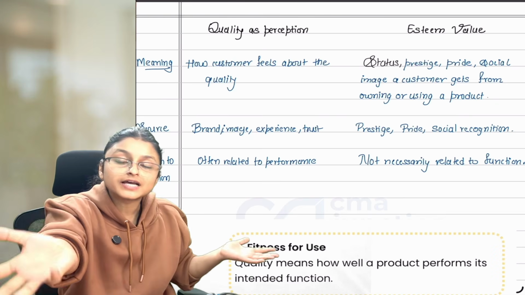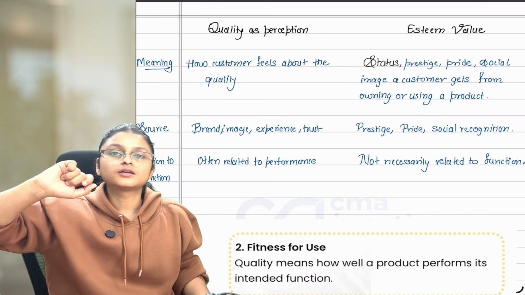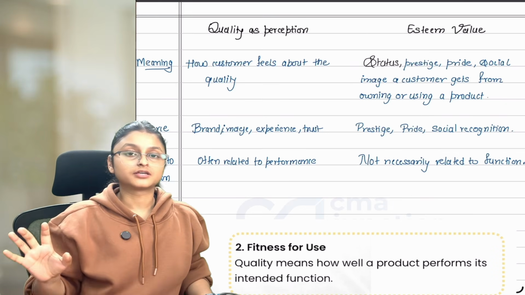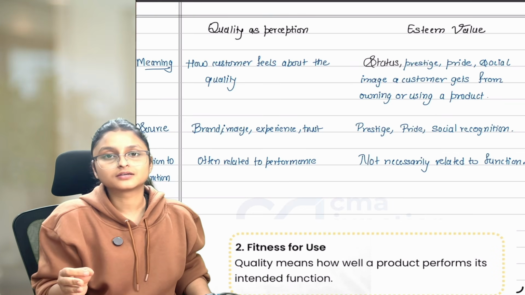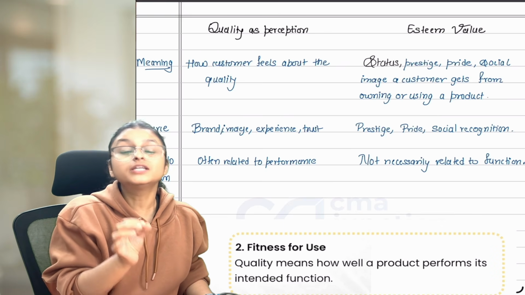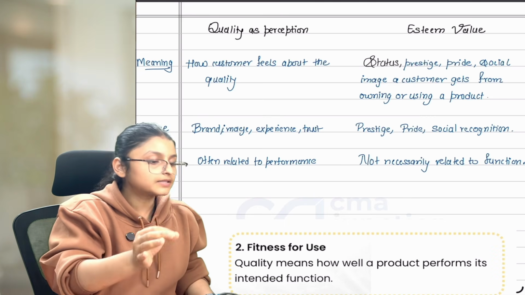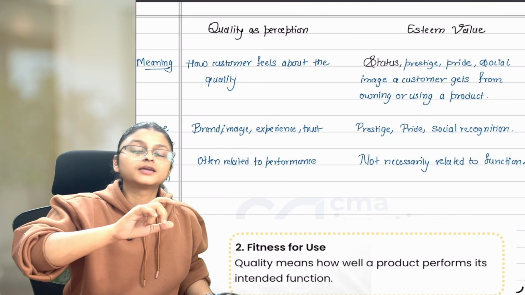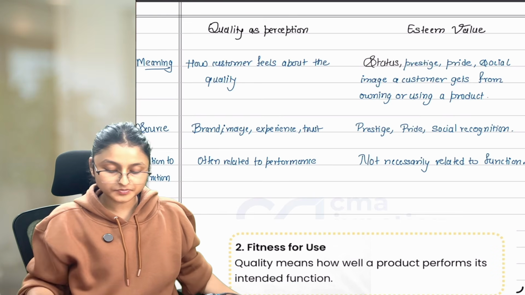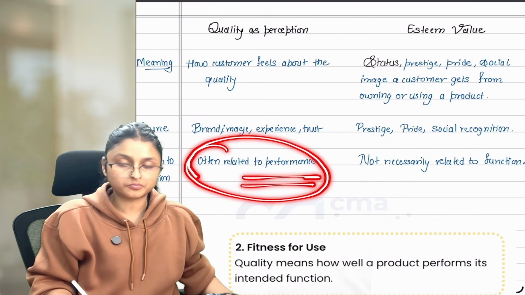That is what quality as perception is. When we see some product as a quality product, we think that it is performing its function really well, even if it is not. So when we say Rolex is a quality product, we think that it performs its function in a much better way as compared to other products. So quality as perception is often related to performance.